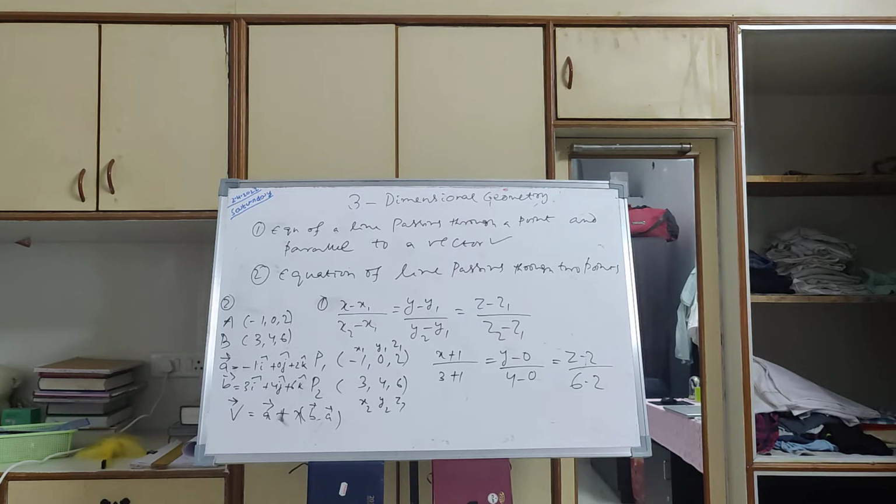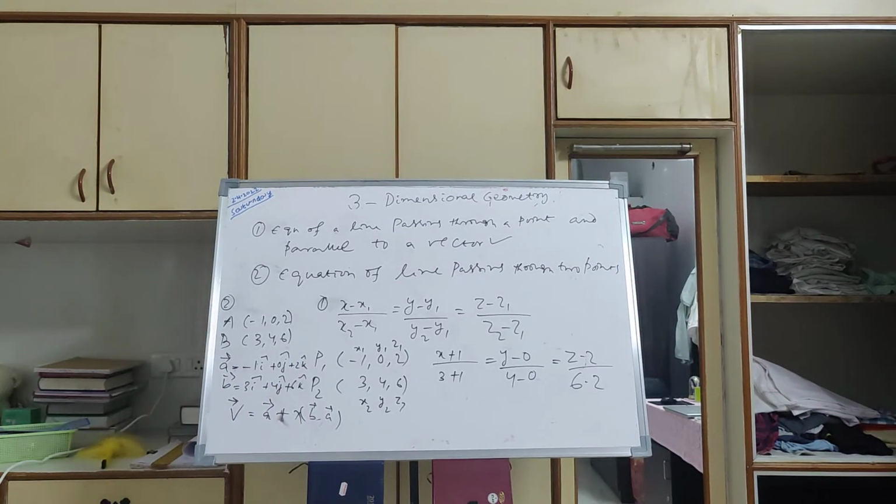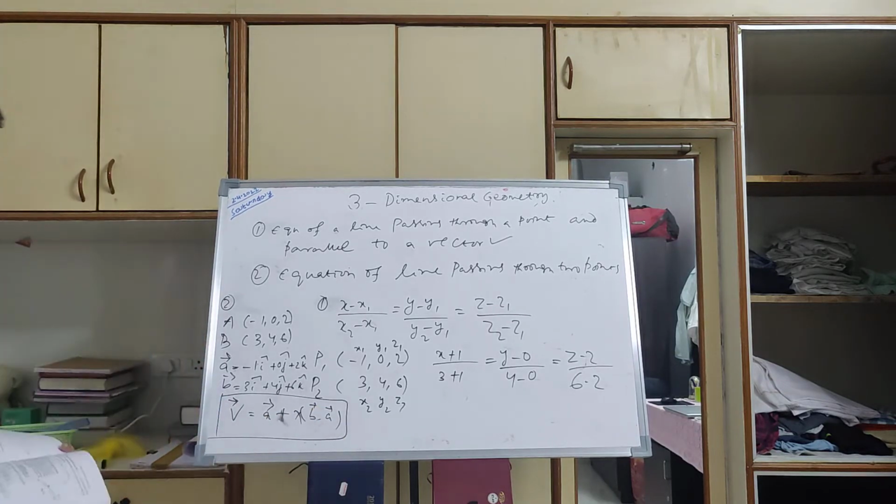You know your A, and you can find B minus A as a vector. So remember this equation. In the vector equation, first vector A plus lambda into B minus A, where lambda can be any number. This is the vector form of the equation.